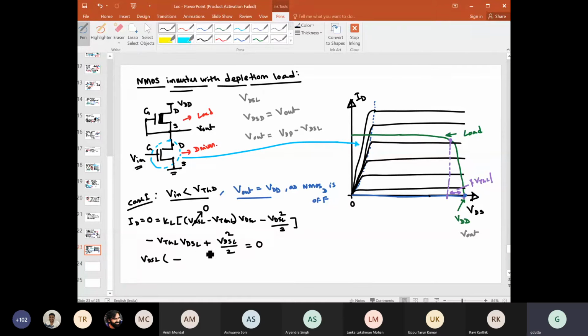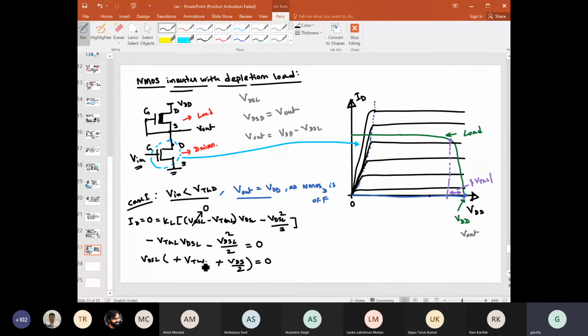Are we doing every sign correctly? This was minus, right? So it should be minus, and that way we are also taking this minus out. So it is VDSL, and this is VDS by 2, and this is equal to 0.